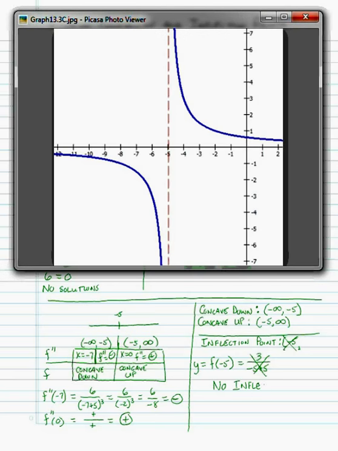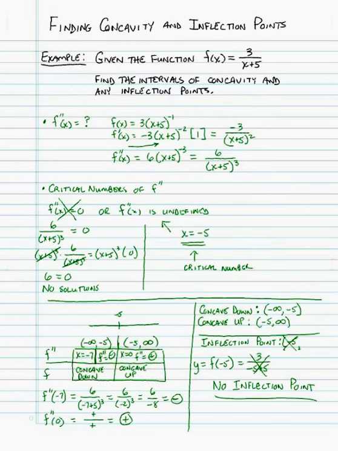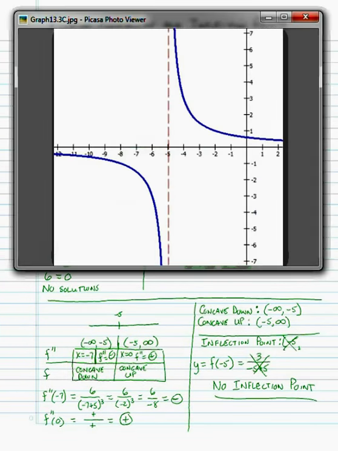Go look at the graph here, and it will illustrate what we just discovered within an analysis of it. Okay, back we see the graph, just what we described, and because of that vertical asymptote where this function is undefined, to the left of that, we clearly see the graph is concave down, and to the right of -5, the graph is concave up.